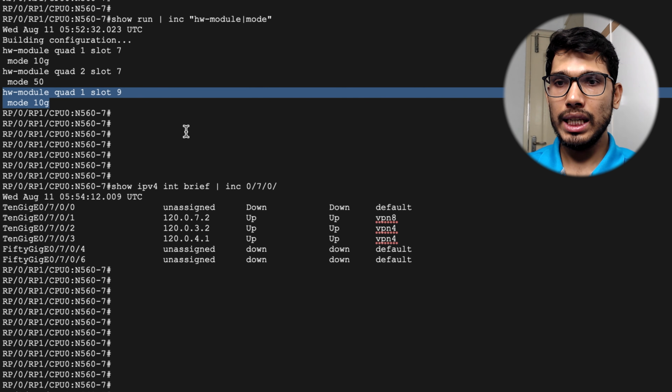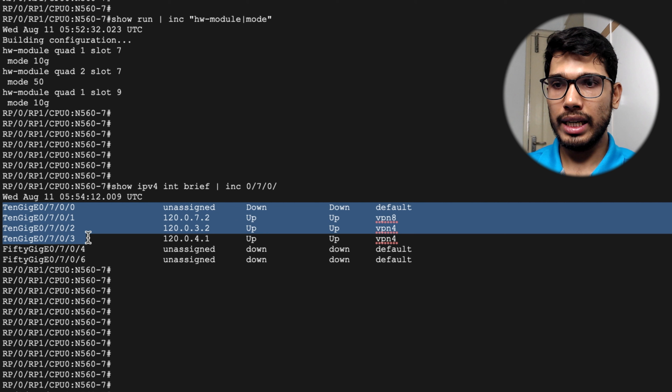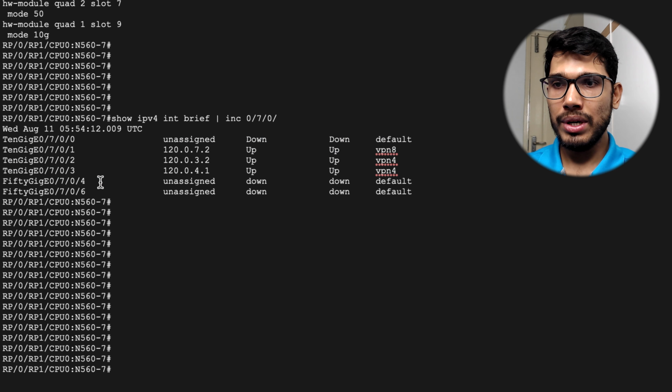Now if I see the ports in slot 7, I can see my quad 1 as configured, they are in 10 gig mode, 4x10 gig are available, and in the upper quad I have only 50 gig port number 4 and 50 gig port number 6. That means port 5 and port 7 are disabled, and I have this IM enabled in 4x10 plus 2x50 gig mode. So this was all about the newly introduced 25 gig capable interface module.